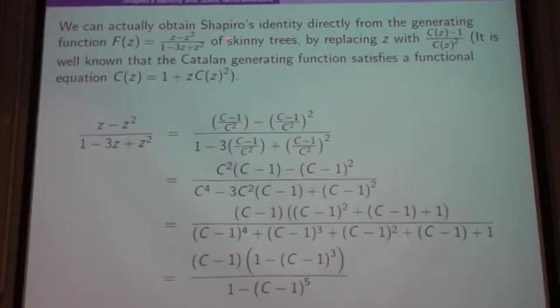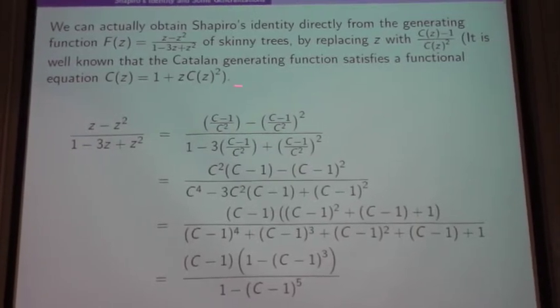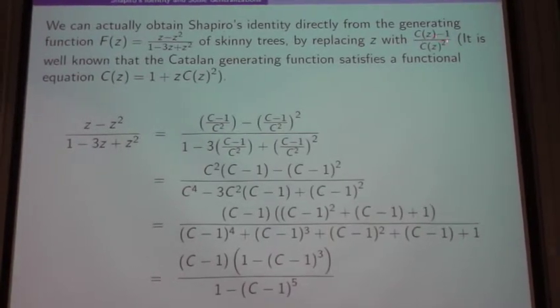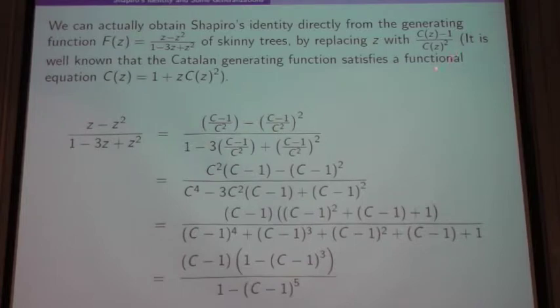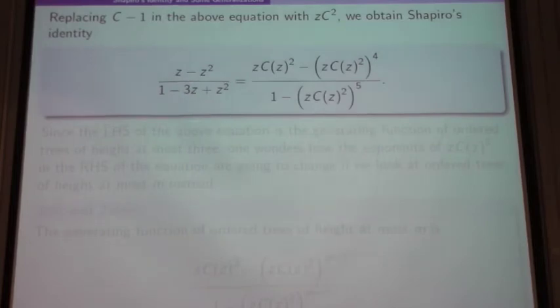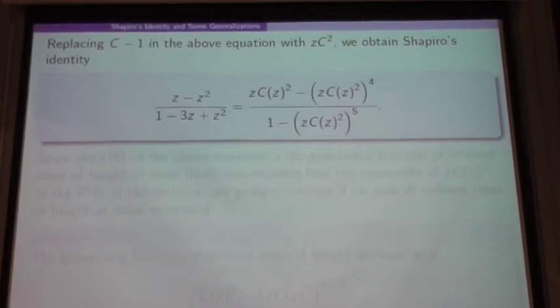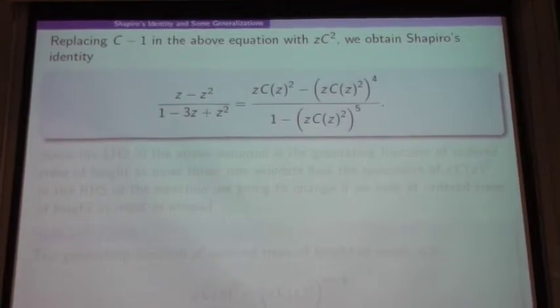All you have to do is take that formula and solve these for Z. If you solve these for Z, you get C of Z minus 1 over C of Z squared, and replace every occurrence of Z in the generating function for the every-other Fibonacci numbers, and you do the tedious algebra, and in the end, you end up getting his identity. He's not very happy about our proof, because he's asking for a rather straightforward combinatorial proof, not an algebraic proof. Okay? As far as we are concerned, at least we gave him some answers.